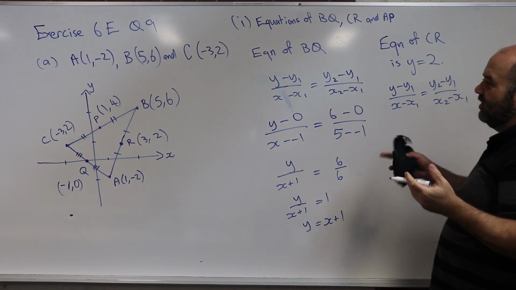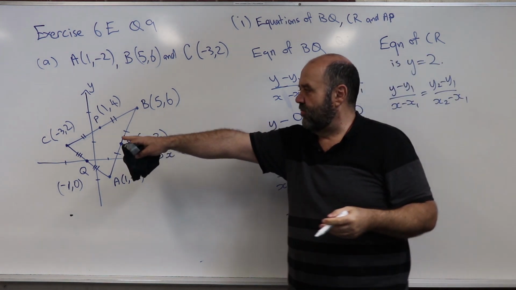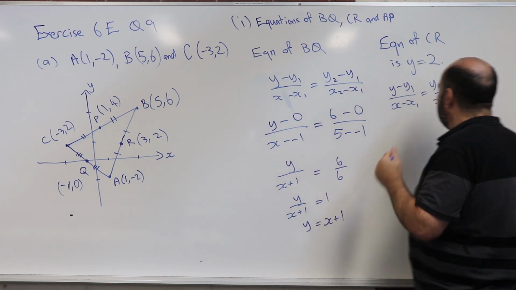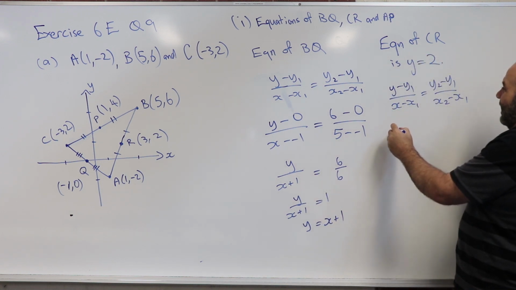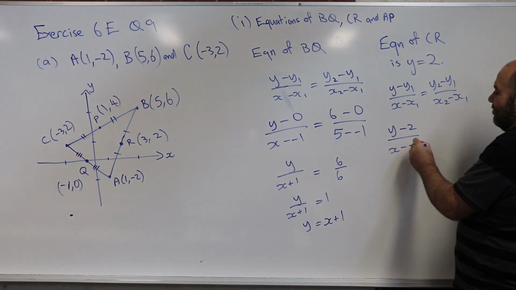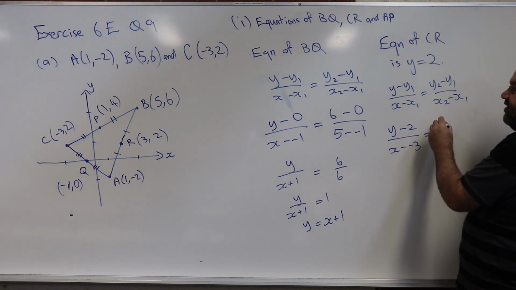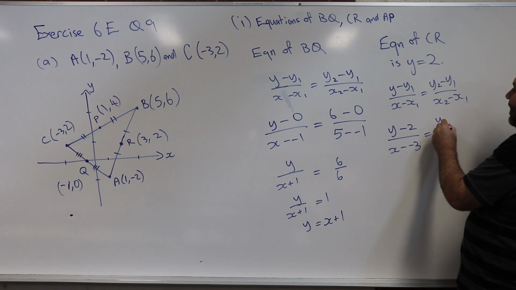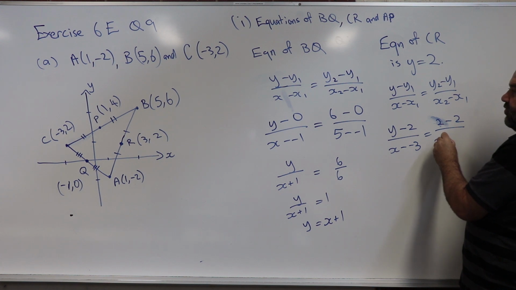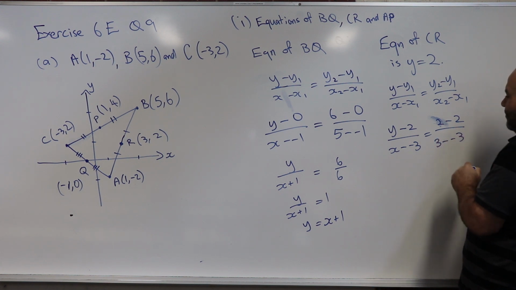Let me pick this as x1, y1 and x2, y2 over here. So I'd end up with y minus 2 over x minus minus 3 is 2 minus 2 over 3 minus minus 3.